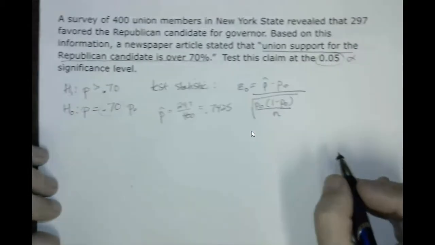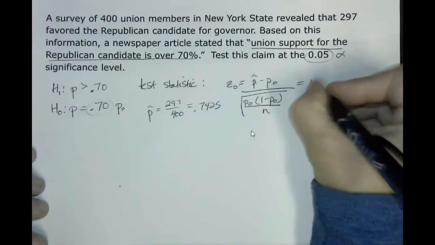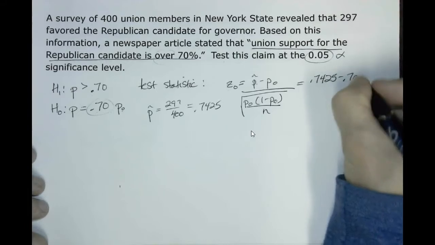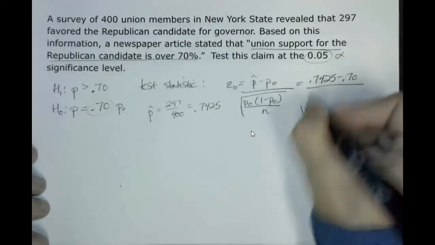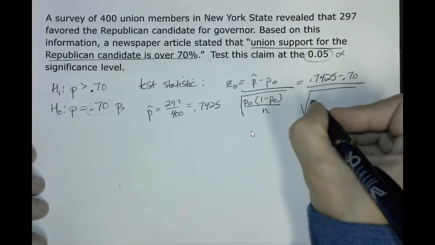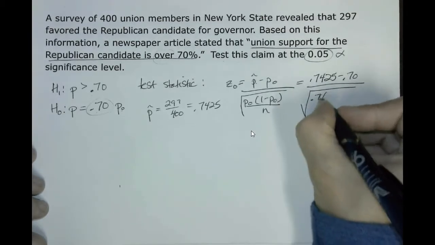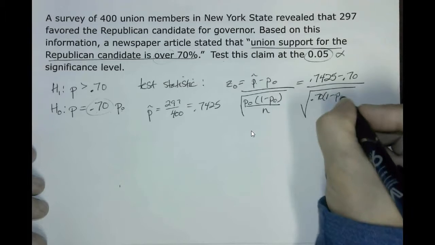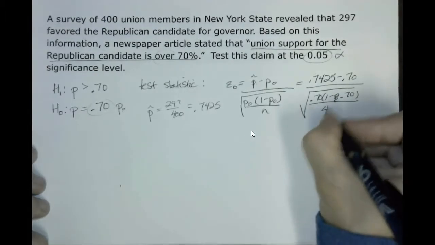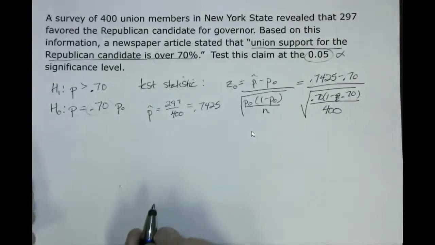So we're going to plug all of those things in here. Notice that the p-hat only goes in here once. The p0 shows up 3 times. And you also have to put the n in there. Okay, so then we would just calculate this out.